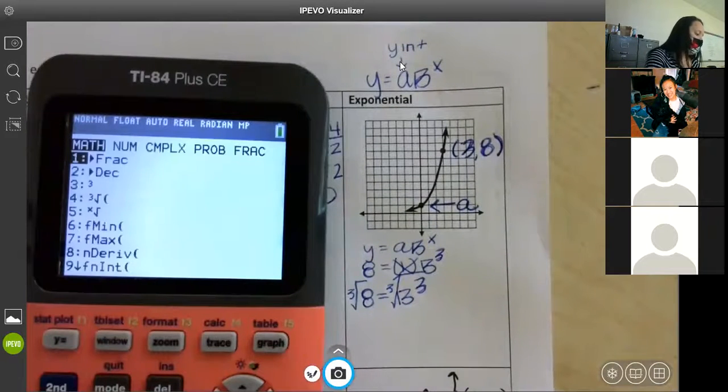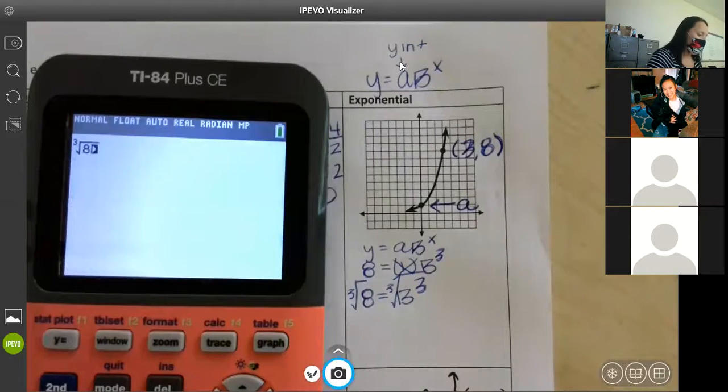You go to math, and you go down to this cube root, number 4. If it's bigger than that, you type in the number and you go to number 5. Like if it were a 4th root, you would type in 4 and then go to number 5, and it'll throw that little thing up there. So cube root and square root are easy on your calculator. Anything else, you have to type in the number and then go to number 5.